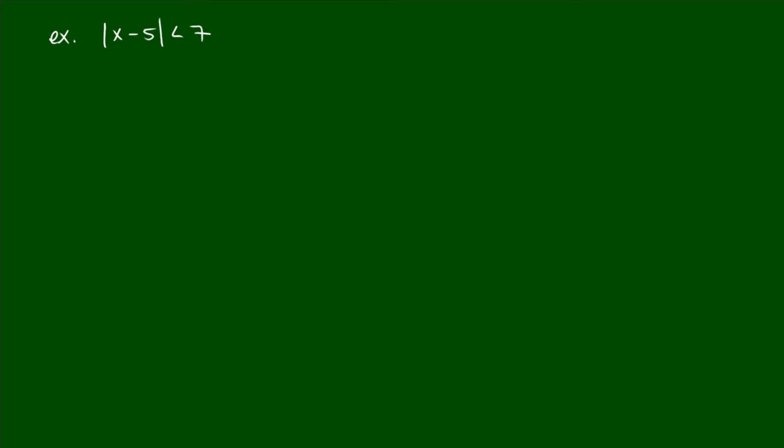Another way of looking at this is considering all of the values that are in between negative 7 and positive 7. So another way of writing this would be negative 7 is less than x minus 5, and that's going to be less than 7.